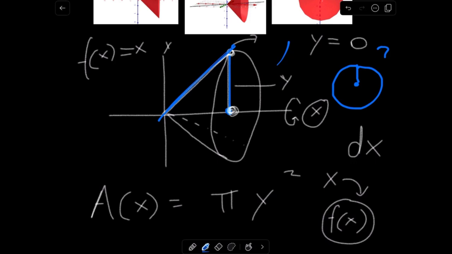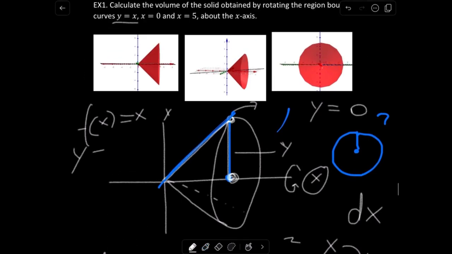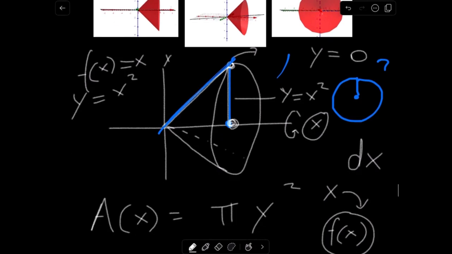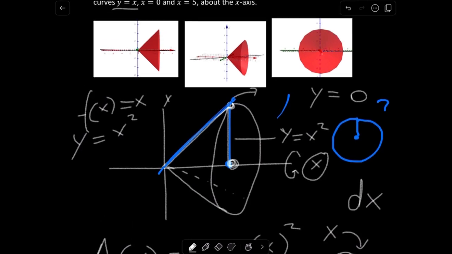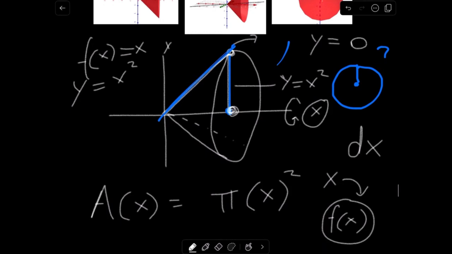If it was, for example, y is equal to x squared, then my radius now would be x squared. But in this example, my radius is y, and y we know from the formula is equal to x. So that is all I need to do.